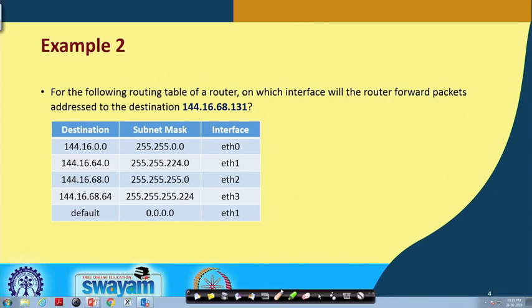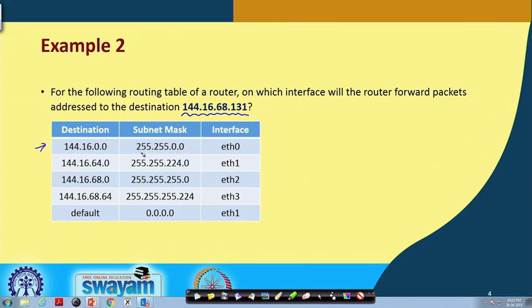Here I have assumed that the routing table is given, here there are 5 entries. And here again an IP packet is coming whose destination address is 144.16.68.131. Let us look one by one where the matches are coming. Let us take the first one.